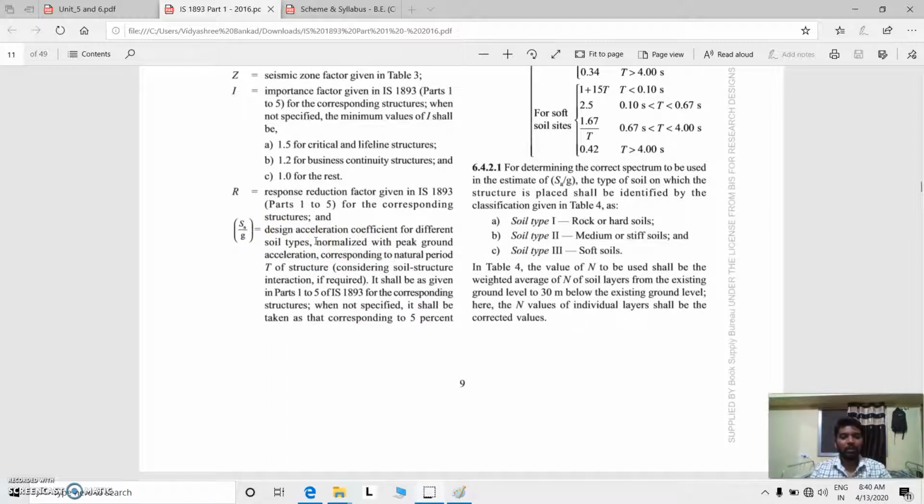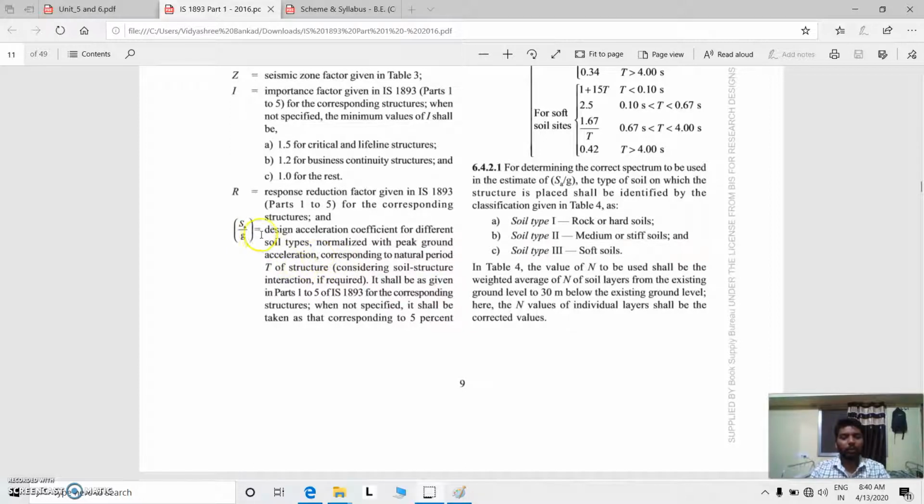That means whenever you are going to construct a structure, that structure is lying on some type of soil, whether it is rock or hard soil, or medium or stiff soil, or soft soil. You have to divide the foundation soil into 3 types, whether it is rock, medium or stiff soil, or soft soil. Based on this, you have to consider this Sa by g value.